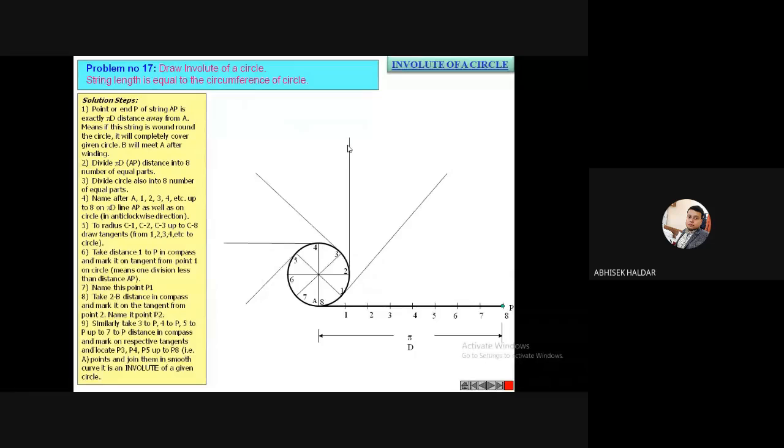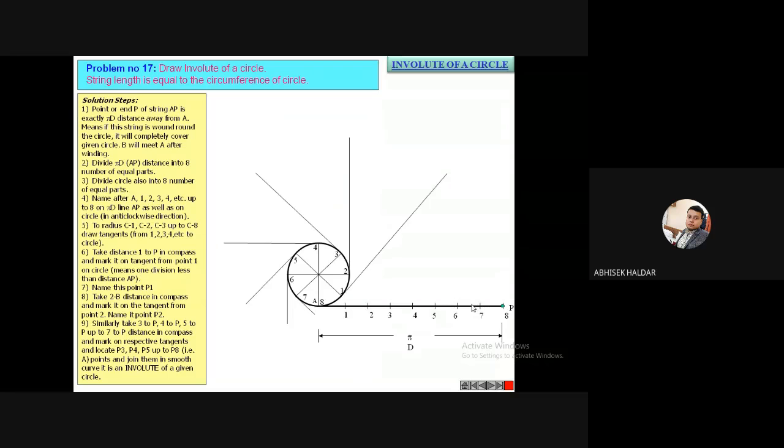So from each of these points you draw a tangent. At point 5, whatever line I have, I have to draw 90 degrees to that, so that I get the tangent at each point up to 7. From 8 the tangent is already drawn.